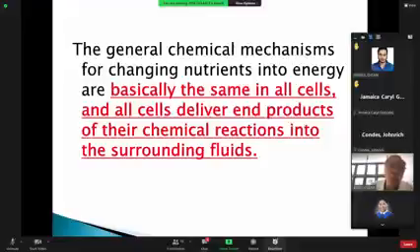All types of cells have a uniform general chemical mechanism converting nutrients into energy. So basically all cells perform the same energy conversions, and all the cells will deliver the end products of their chemical reactions into the blood and into the surrounding fluids all throughout the body.